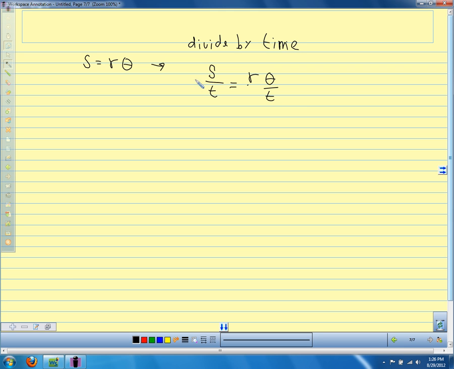And we have some symbols for S over t and theta over t. So S over t is just our velocity. The arc length divided by time is just our linear velocity. So we write that v equals r omega, where our radians per second, or radians per minute, we call omega. And what this is telling us is linear velocity equals radius times angular velocity.